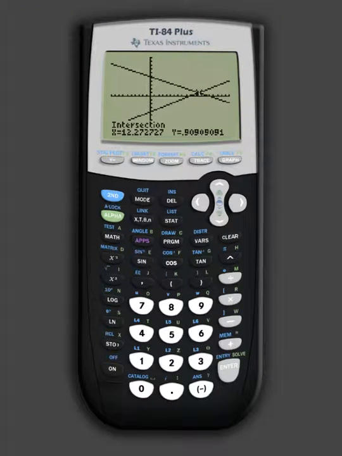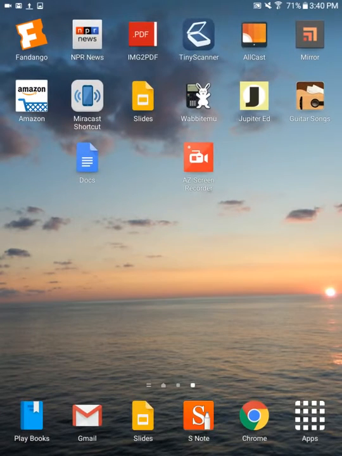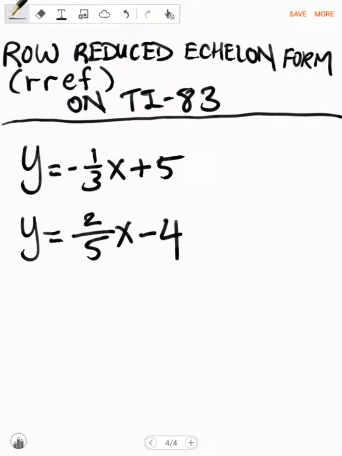What we need to do is a quick transformation. We need to rewrite this so that all the x's and y's are on one side of the equation. I'm going to draw a quick line down here and do a little bit of math. I'm going to bring the x over to the other side on the first equation, adding 1/3 x to both sides.